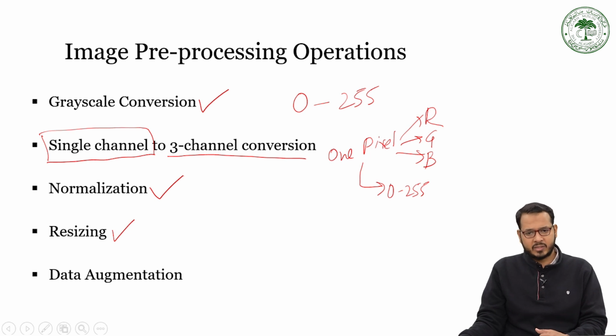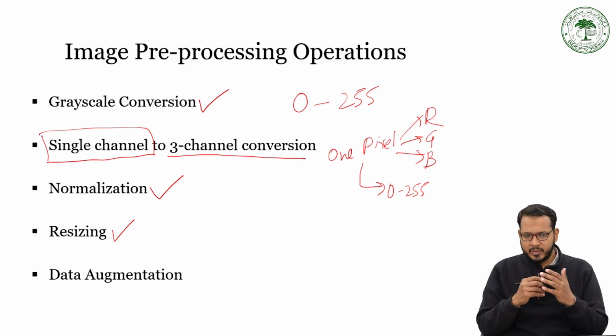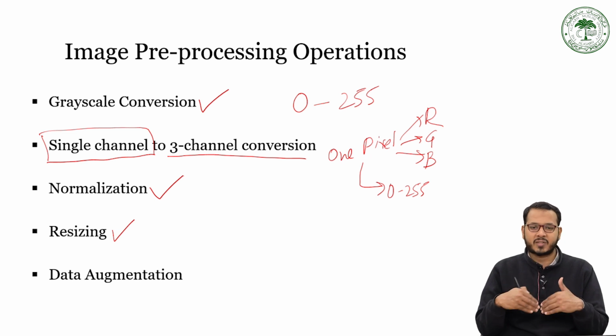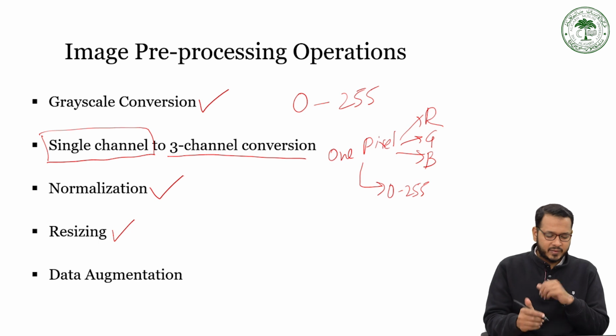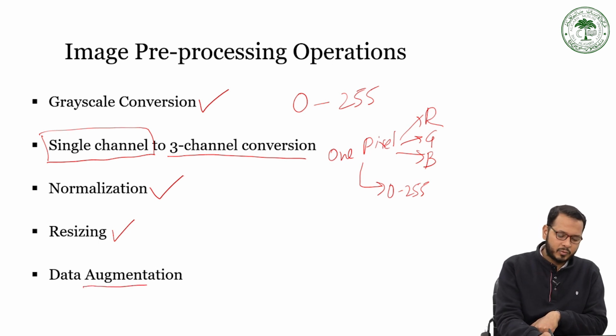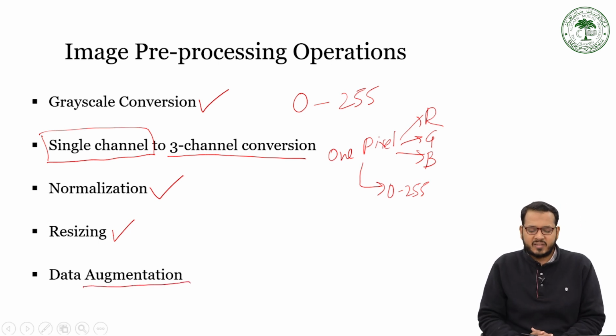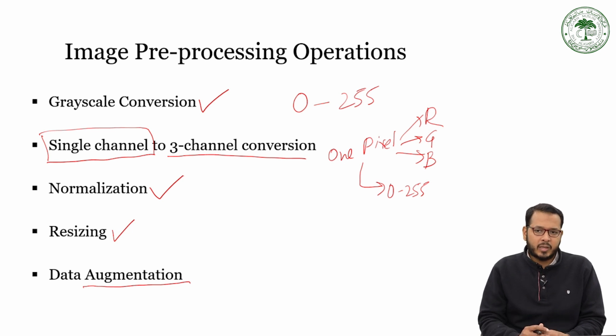Then we have the process of data augmentation. Sometimes when we are dealing with input images, the data set is relatively small and we want to increase the size of the image data set. That's why the name augmentation: you want to add more data to the existing data. For images, what we usually do is create new training images from the original images by applying some kind of transformations.